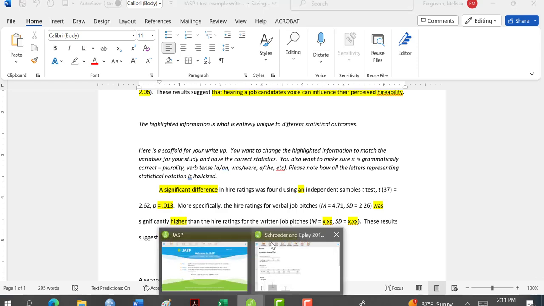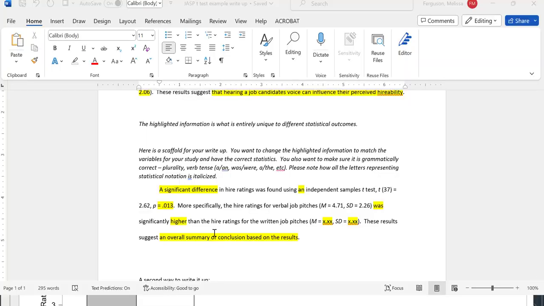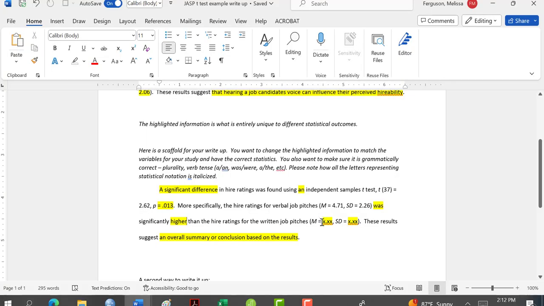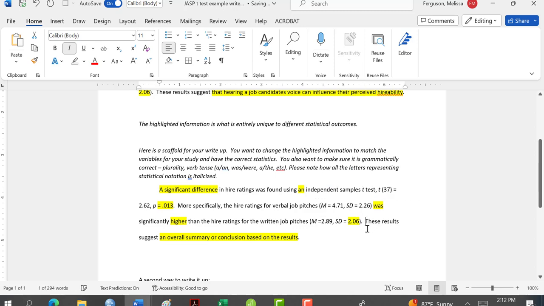And we need those numbers: 2.89 rounding up and 2.06. So that sentence described the differences, reported the means and the standard deviations. Notice how these are all italicized, because letters representing statistical notations must be italicized.